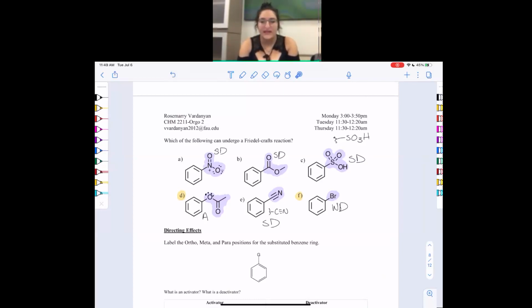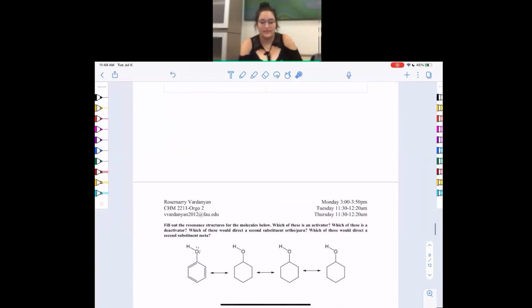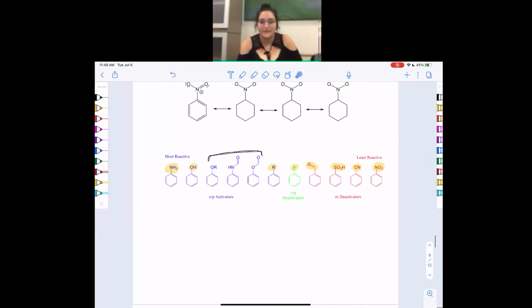So D is an activating group, and for activating groups, we don't have to label it as weak or strong because they're all pretty much the same. But we know that D, if we look back over here, is fairly weak. It's towards the end of the spectrum. But again, activators are activators. We don't discriminate strong or weak.